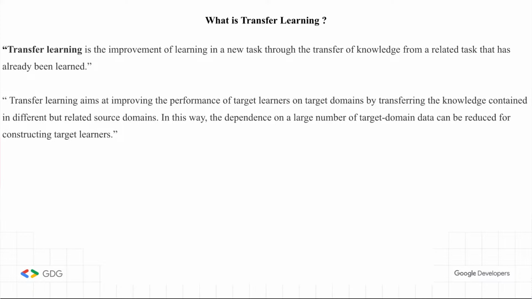Because if you have experience in something, you have a higher probability to master it than someone who hasn't any experience with it. In transfer learning, it's the same. Models are trained on big data sets.